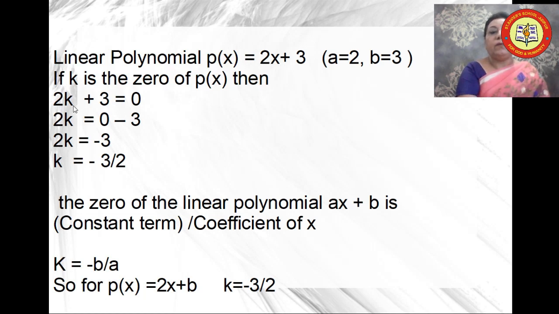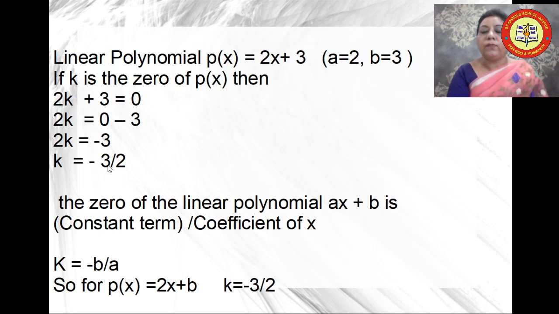So now I have 2k plus 3 equals 0. Further, 2k equals 0 minus 3, so 2k is equal to minus 3 and k is equal to minus 3 by 2.